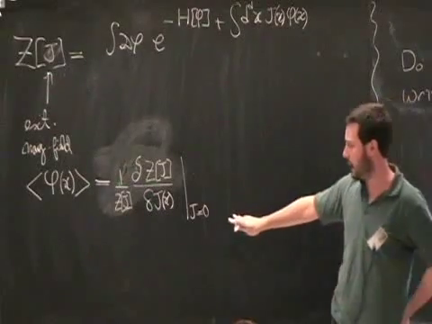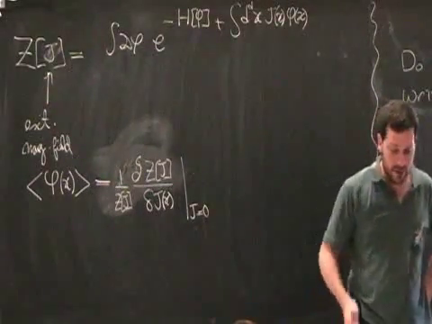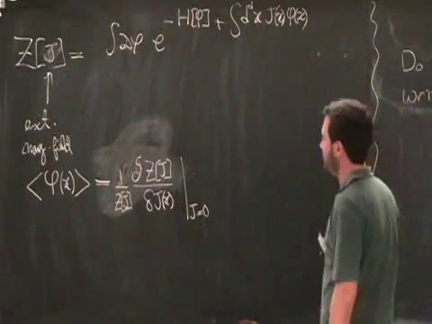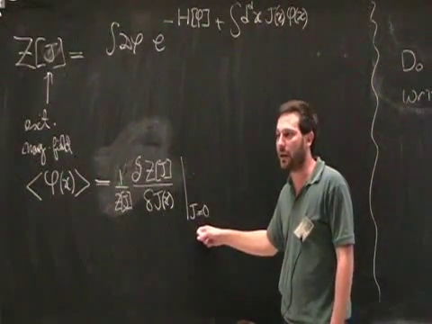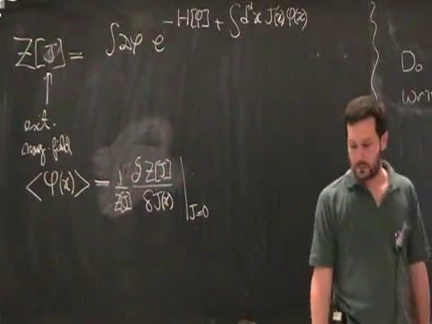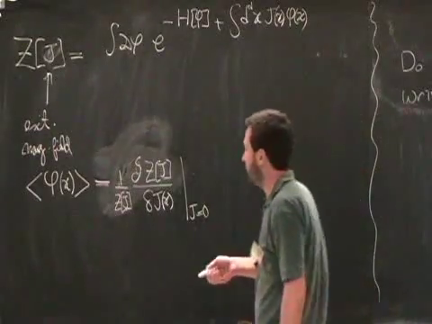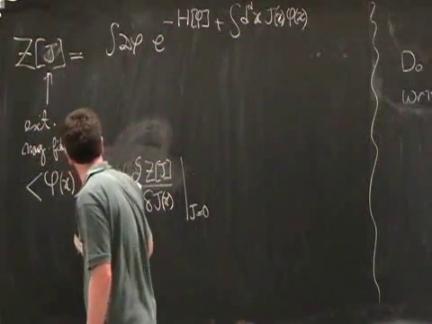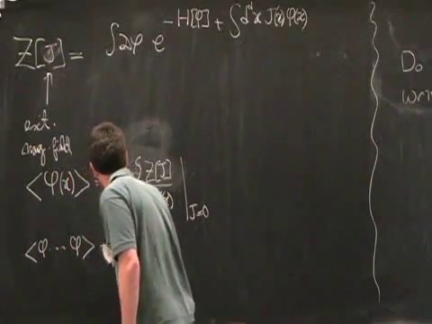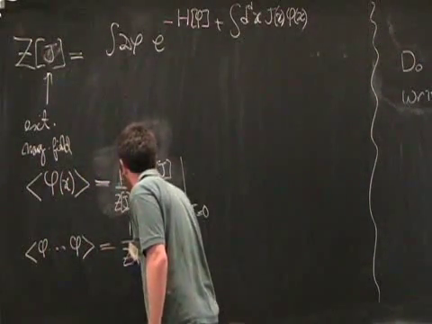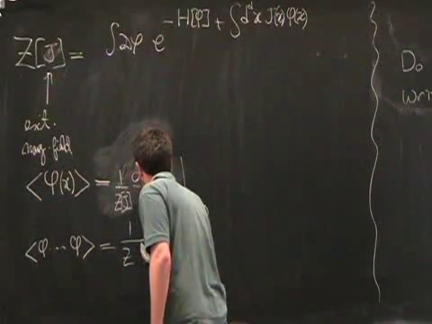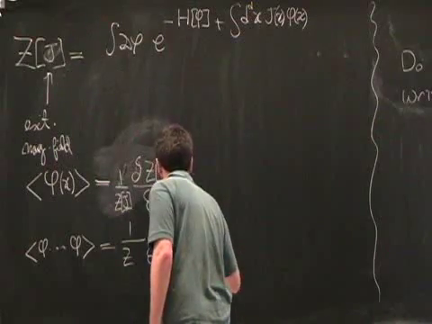I'm supposing that I don't put an external magnetic field. You could consider also the correlation functions in presence of such an external magnetic field, but normally I will put it to 0 at the end. Okay? In the same way, you can calculate all correlation functions by taking derivatives. Okay?